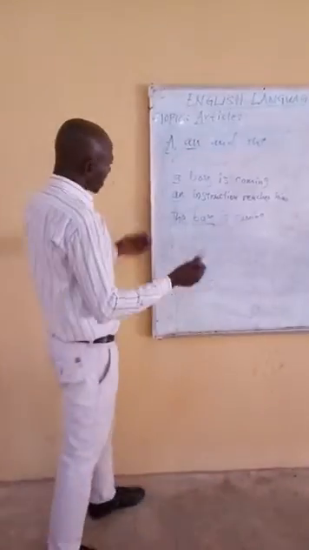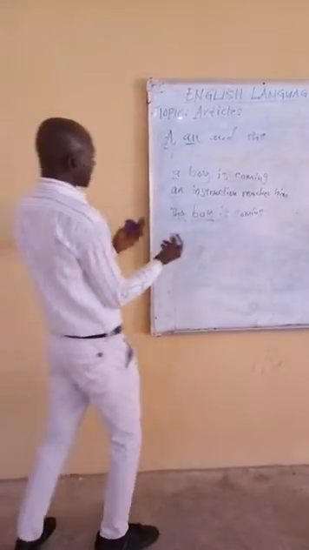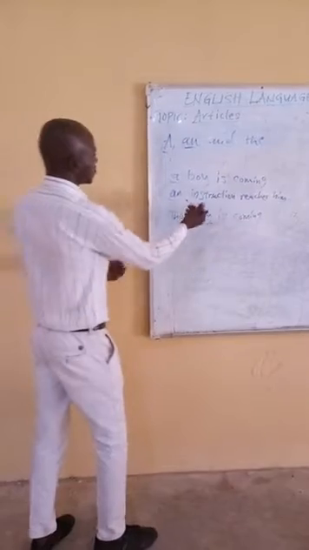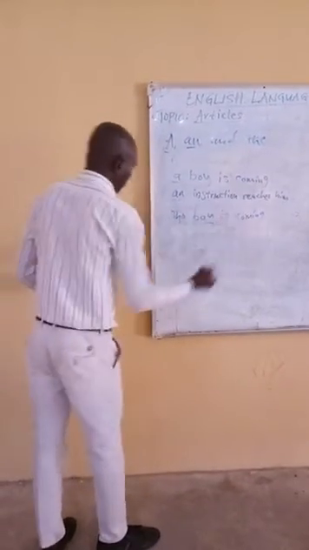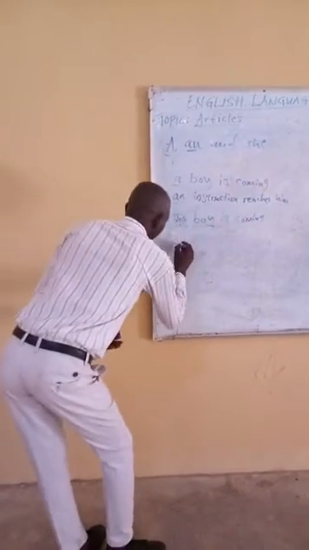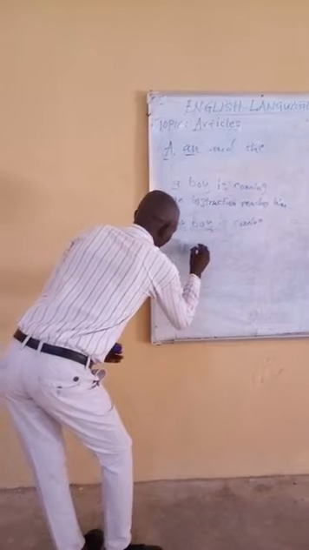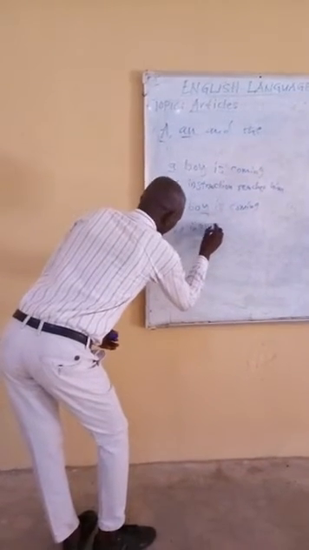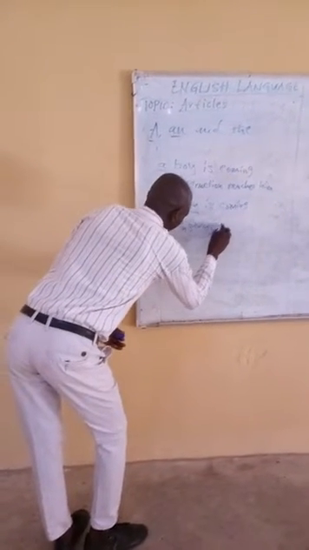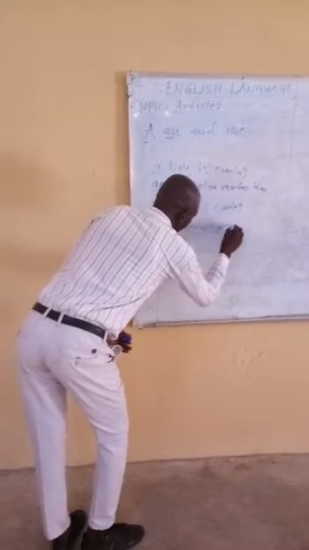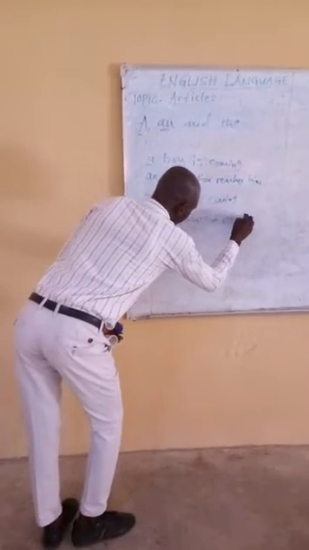So how can we use the as definite article now to make reference to instruction? We can say the instruction reaches him.